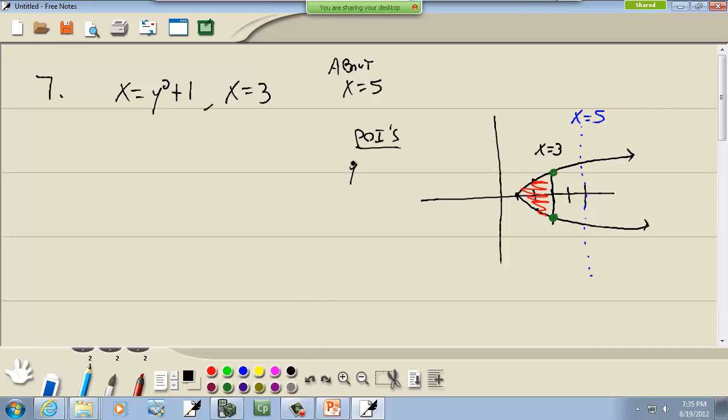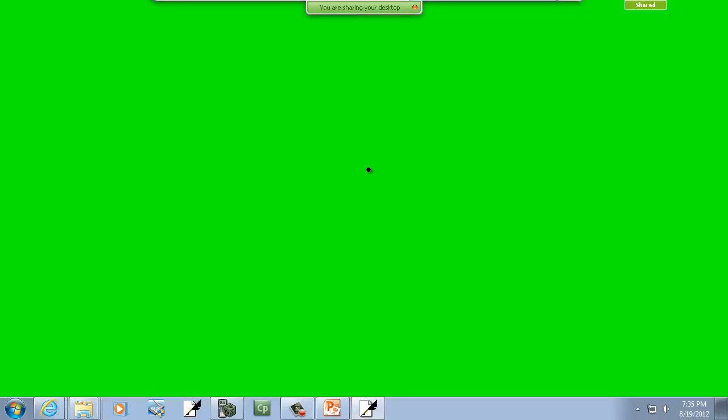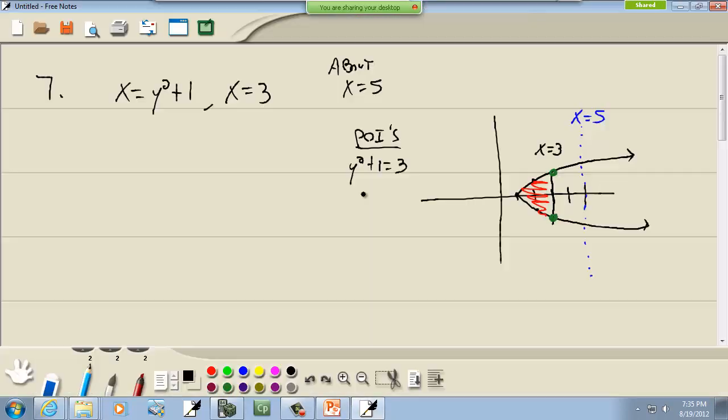So I'll set y squared plus 1 is equal to 3. Ignore that green. Take the 1 over, and we get y squared is equal to 2. So y is equal to plus or minus square root of 2. So this is going to be from negative square root of 2 to positive square root of 2.